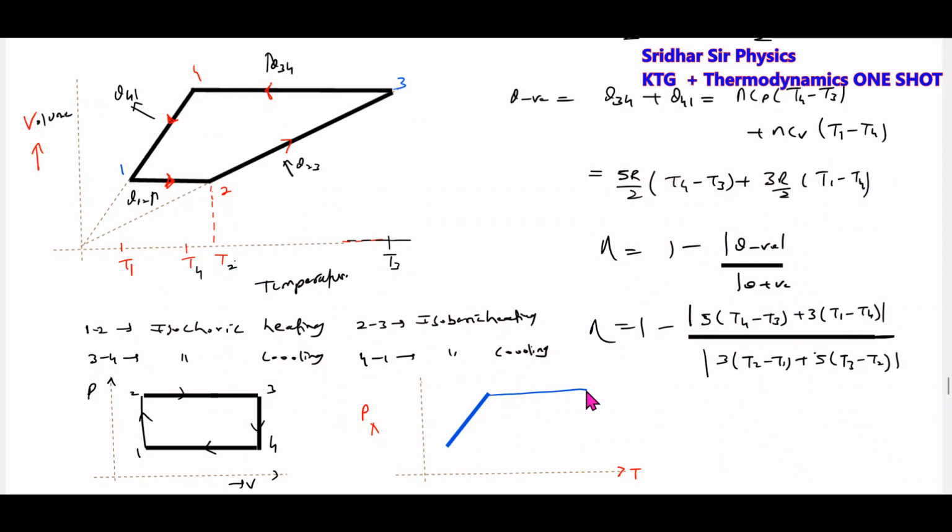Then isobaric heating, then isochoric cooling. Then this is the graph, 1, 2, 3, 4. This is a PT graph. Now you have to understand things. If you understand 1, 2 problems, you can manage. This is about the typical questions they'll ask you for JEE Mains and Advanced.